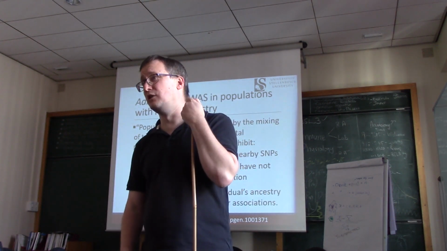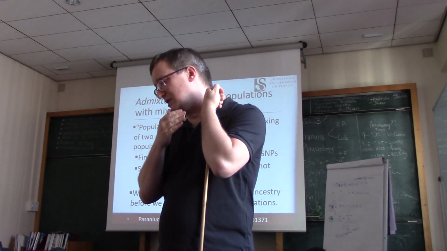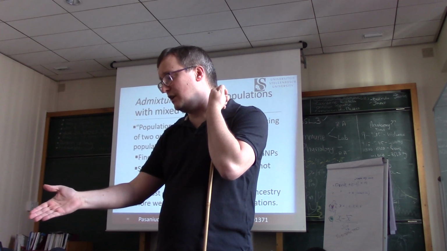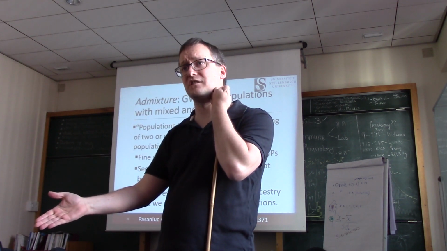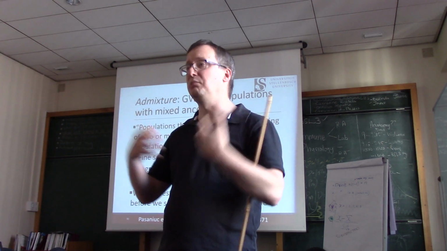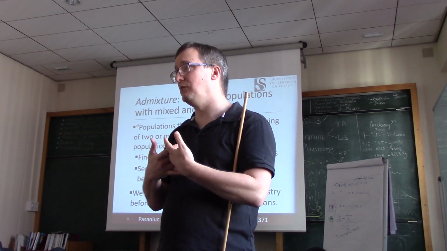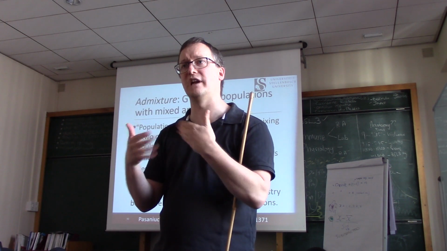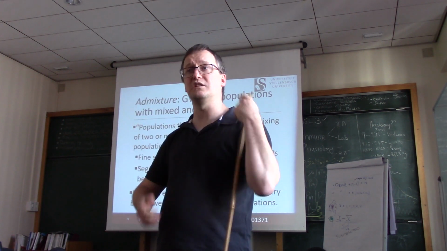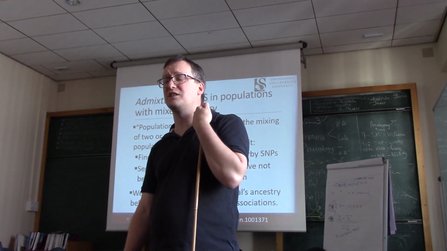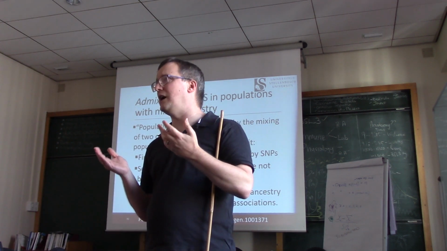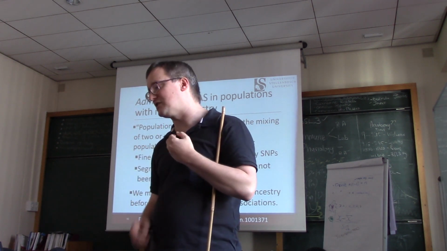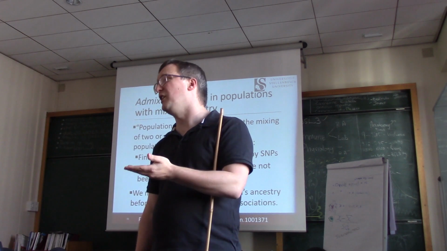So admixture is built on this concept that whenever you're dealing with genome-wide association studies in populations that have this complex mixture of ancestry, you have to take the fractional contributions to their ancestry into account. Now this became a really big deal in the United States because people correctly apprehended that people were not doing a lot of studies in the African American population.